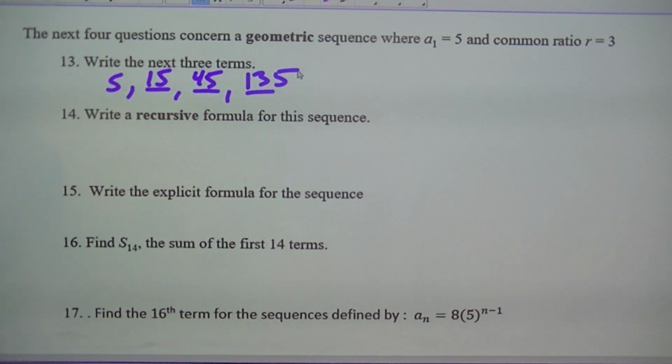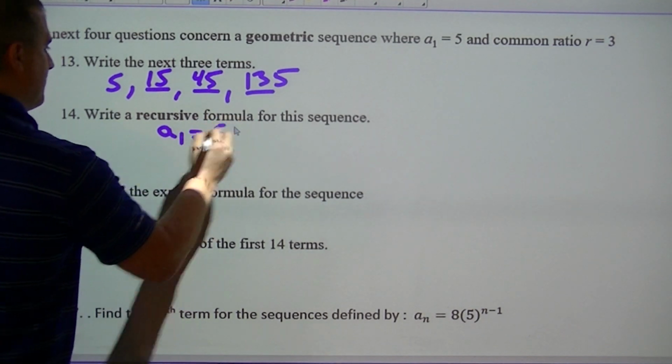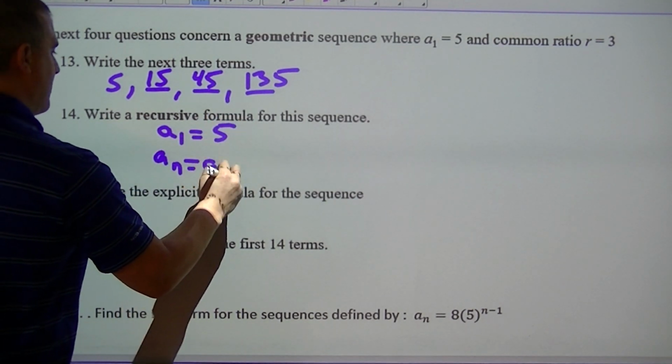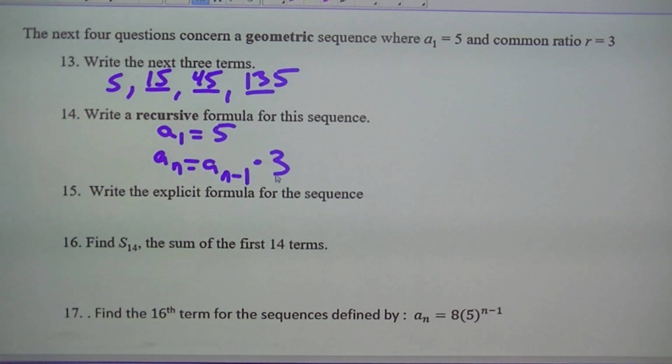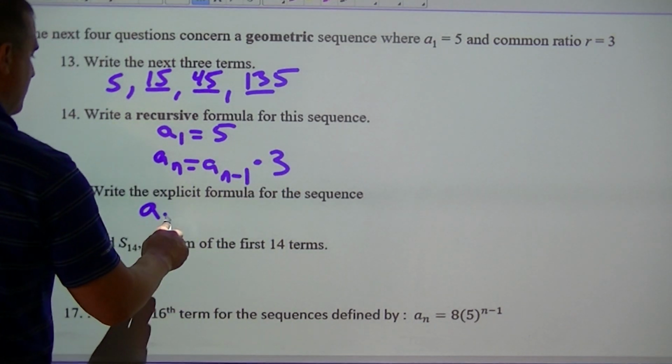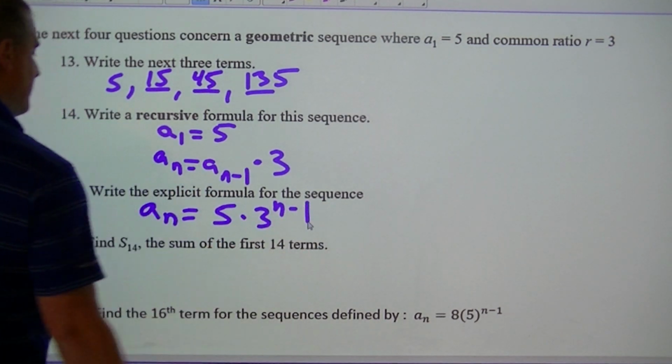Write the recursive formula. That would be A1 equals my first term, An equals An minus 1 times 3. This is multiplication. Write the explicit. The explicit would be An equals A1, which would be 5, my rate would be 3 to the n minus 1.